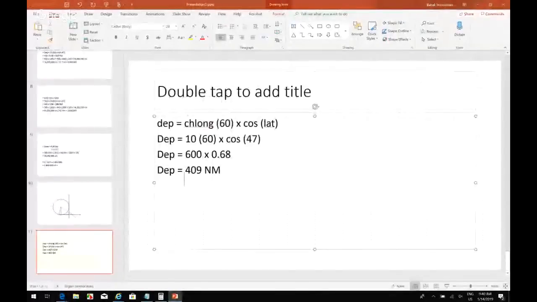Okay, so now we want to convert this into centimeters. So 409 times 1852 times 100 for centimeters equals 1852 times 100. That's about 76 million approximately.